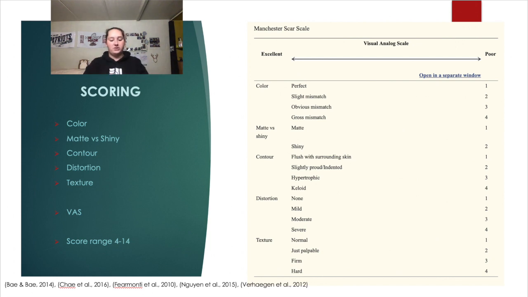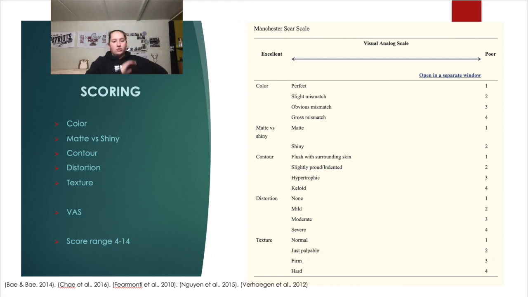I'm assuming it means if you're running your hand over the scar and you couldn't feel it at all, like on a tattoo, that would be a normal texture. 2 would be just palpable, like if you had a little bump or something. 3 would be if it's firm, and 4 would be if it's hard. Again, that might be more referring to pliability and the movement of it. I couldn't find anything that specified distinctly what that meant.